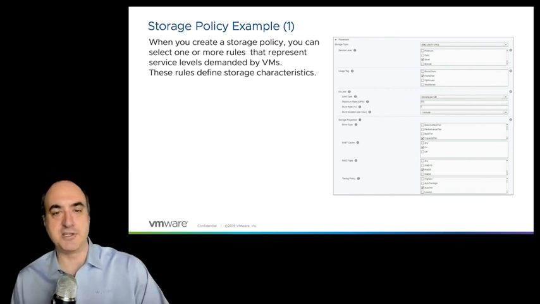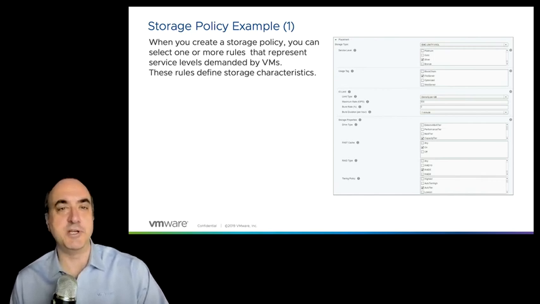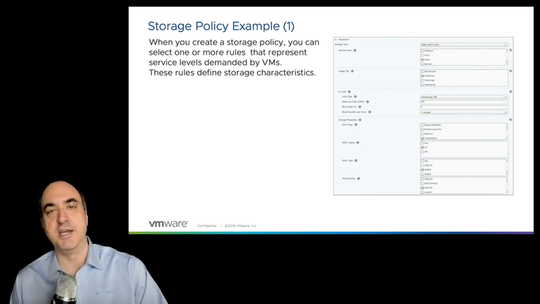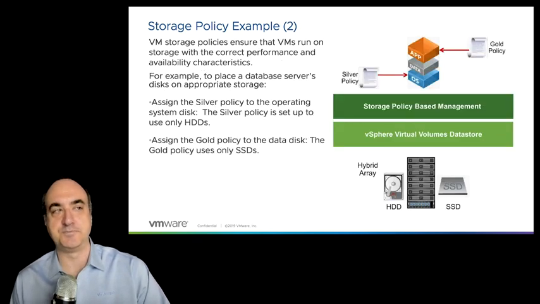It'll show you these data stores are able to supply these capabilities. So then you can verify, if you apply this policy to a VM, are the VMs on a storage that can fulfill that need. So it helps organize and place your VMs based on your workload characteristics, especially in a large environment.